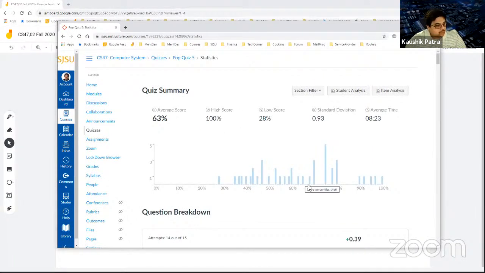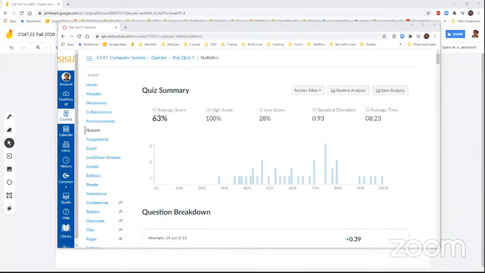And this looks like the distribution of your quiz scores tonight. Not bad, but we need to work on this average score. And I heard someone had some question during the quiz.